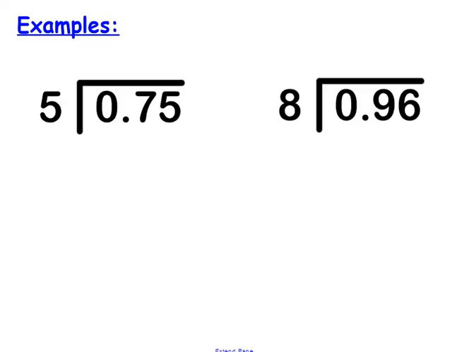All right, so let's go ahead and do some examples here. Step one, bring the decimal point to the roof of the problem. How many times does 5 go into 0? 0. 0 times 5 is 0. We subtract. 0 minus 0 is 0. Bring down the 7. How many times does 5 go into 7? Once. 1 times 5 is 5.